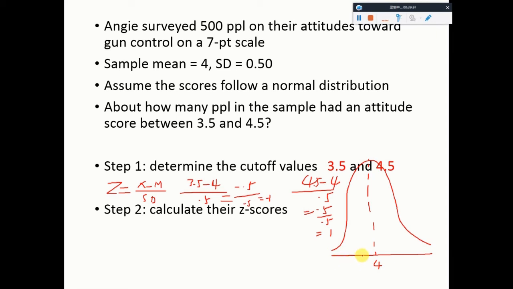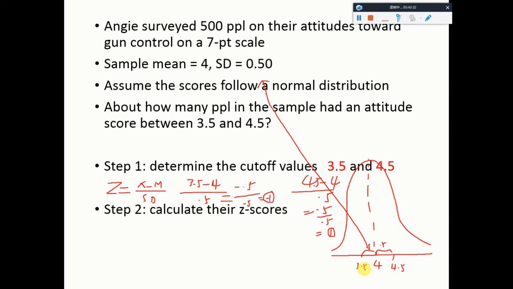So that means 3.5 is exactly one standard deviation below the mean, and 4.5 is exactly one standard deviation above the mean. The difference here is 0.5, exactly one standard deviation, and the difference there is 0.5, which is also exactly one standard deviation.